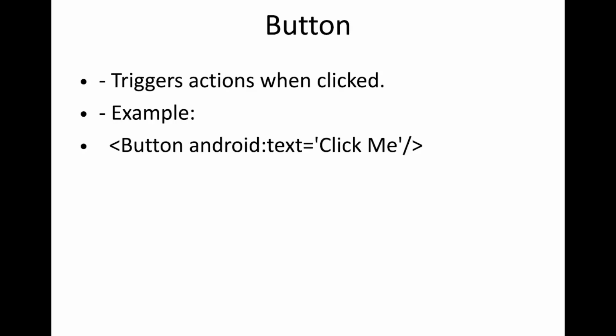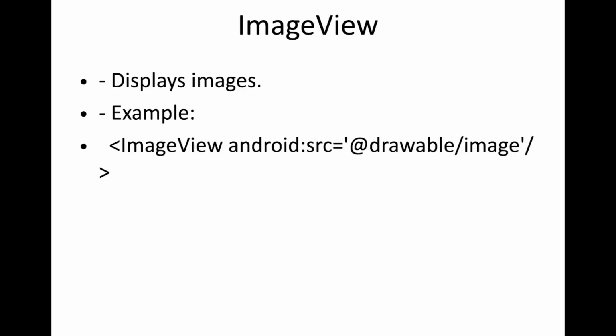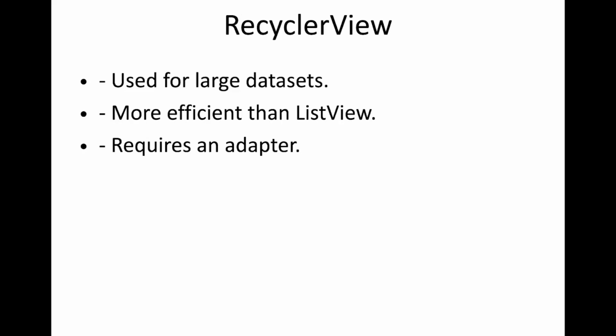Button triggers actions when clicked. Button we know, if we click it, it will trigger some other action. Image view displays images. It will show whatever image we put there. Recycler view is used for large data sets, more efficient than list view, and requires an adapter.